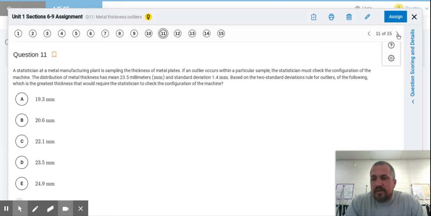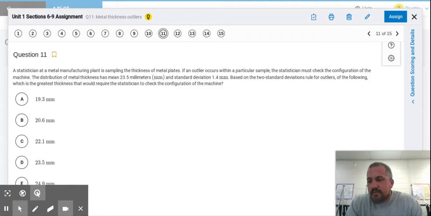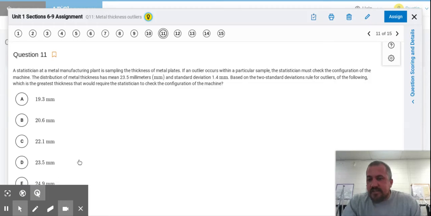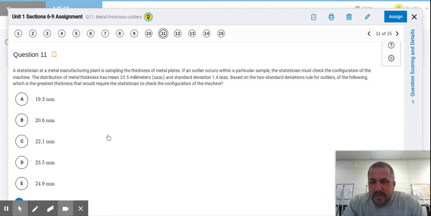In question number 11, we have a statistician who is sampling the thickness of metal plates, and it tells you the mean and gives you the standard deviation. And this is a rule that says if something is more than 2 standard deviations away from the mean, it is an outlier.